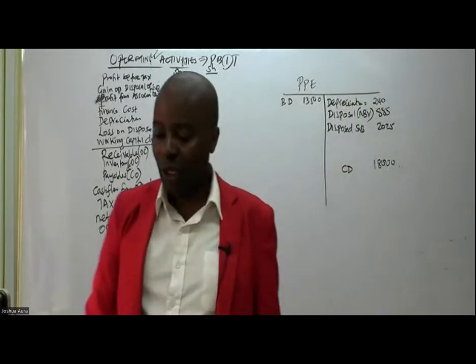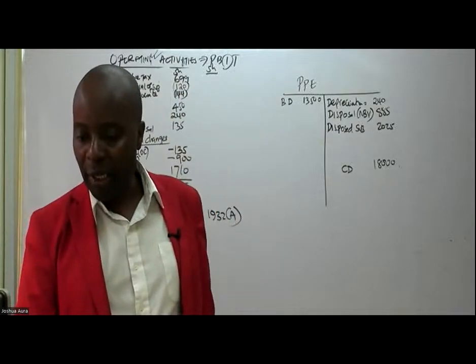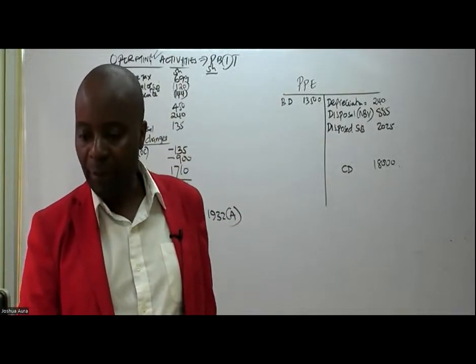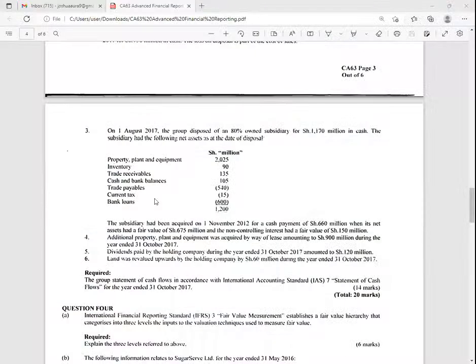Now from there, ladies and gentlemen, we scan through again. We are told in note number 4 that additional property, plant, and equipment was acquired by way of lease. So we brought in assets through leasing, and nowadays all leases are classified as finance leases. These are your assets.